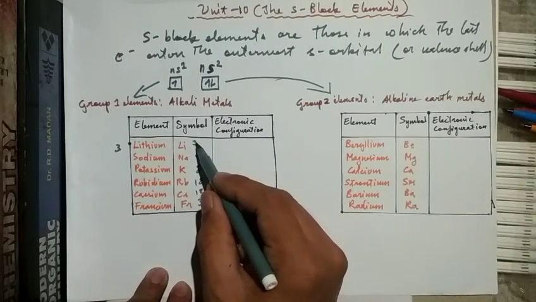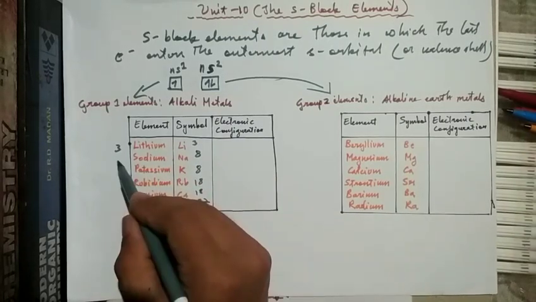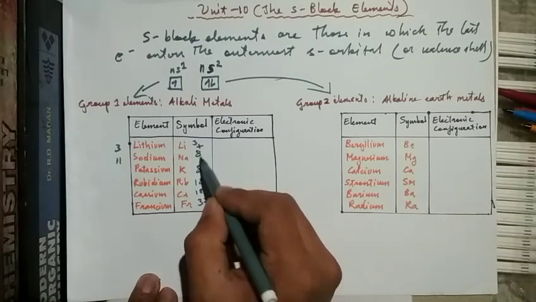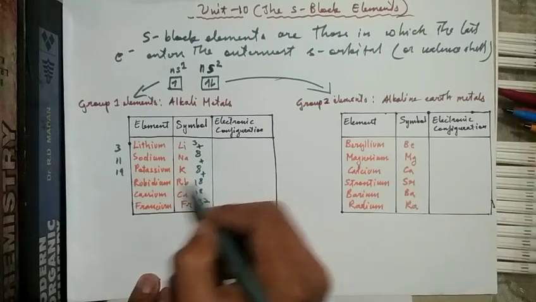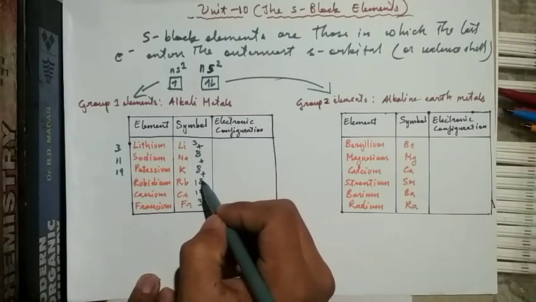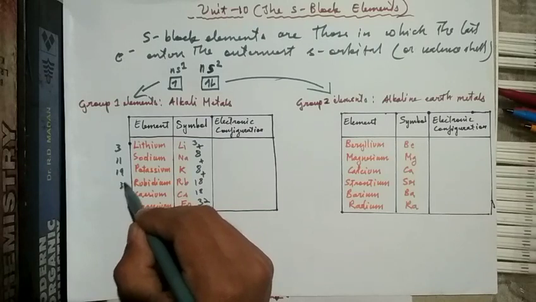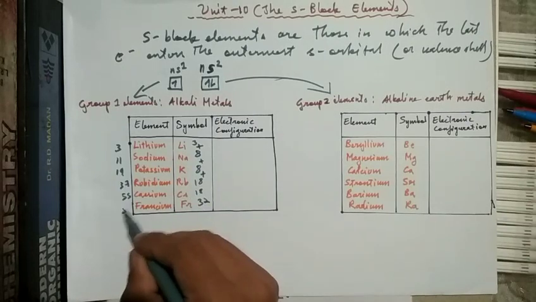So 3 plus 8 is 11, 11 plus 8 is 19, 19 plus 18 is 37, then 55 and 87.